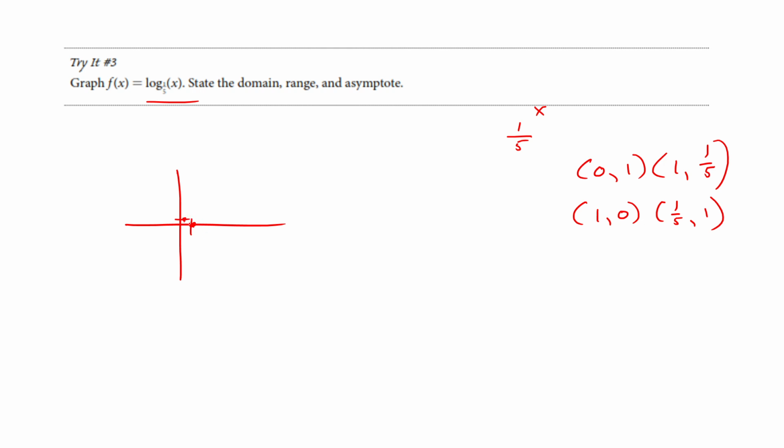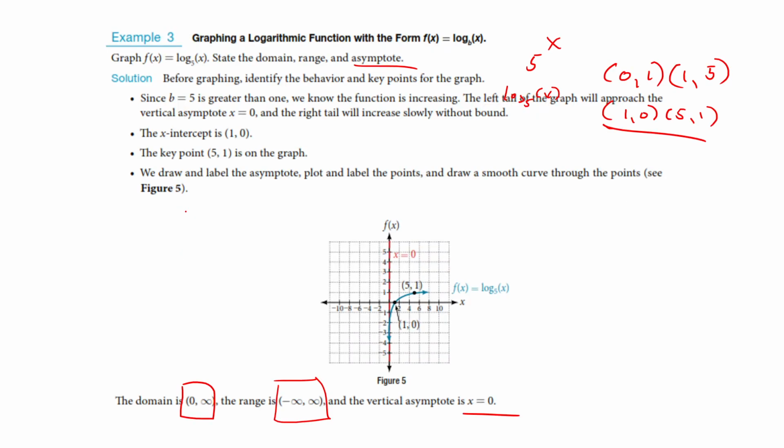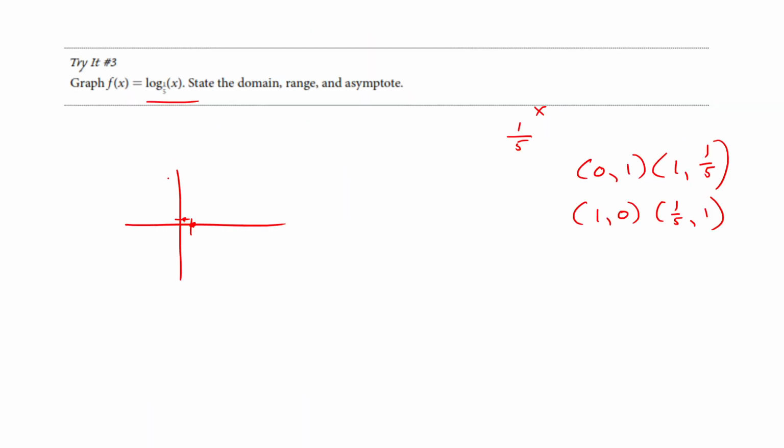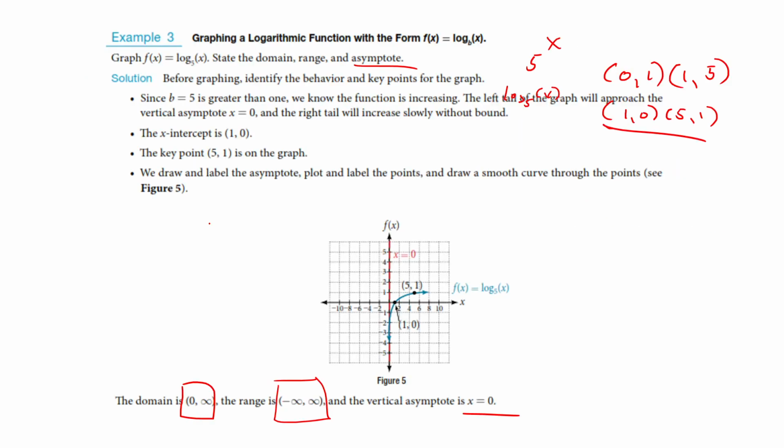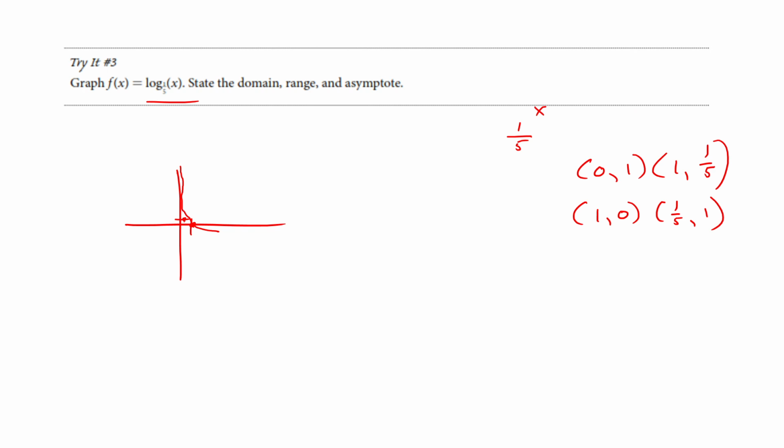Hold on, let me see. I'm trying to think what it would do. Okay, so that's a terrible picture, but the key was I found my two points from the exponential, and then I reversed them.